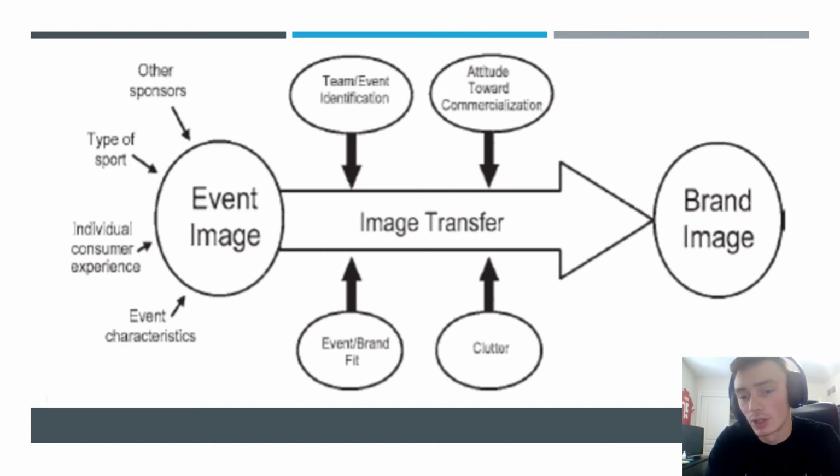An example we were talking about in class was banks doing this, such as RBC with the Olympics. The Olympics on the left here would have a great event image. They have a lot of goodwill. They're wholesome games. Everyone loves the Olympics. No one has anything bad to say really about the idea of the Olympics. RBC is a bank, and banks typically have a poor image in the eyes of the public because they're a little scummy sometimes, government run, that kind of stuff.